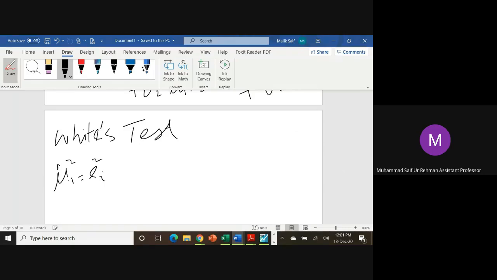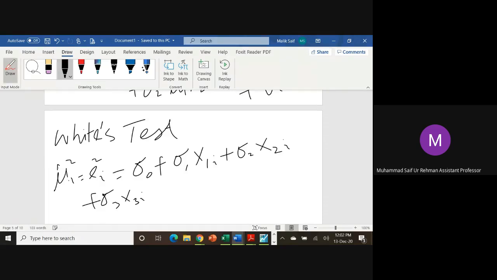If you are interested in using this test, what will you do? Ei square is equal to constant term delta naught plus delta 1 x1i plus delta 2 x2i plus delta 3 x3i. And now you have to take the square of this term.